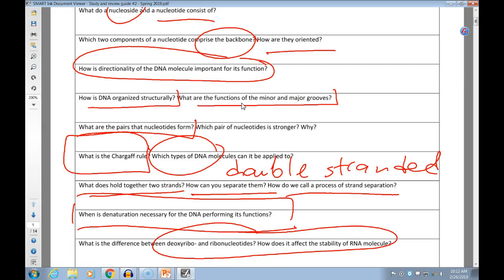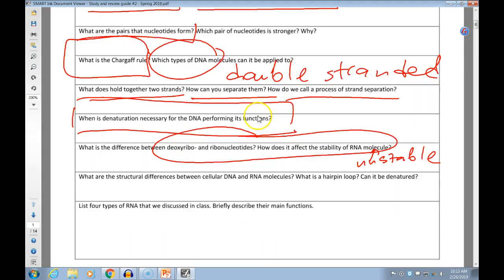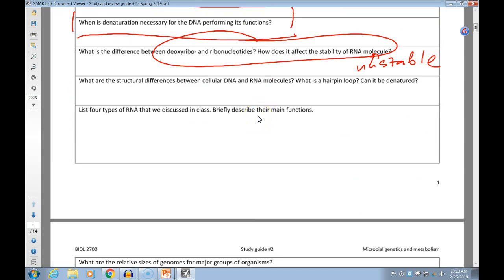And that presence of the hydroxyl group in the 2' position of the sugar makes RNA really unstable. So structural differences: RNA is single-stranded mainly, can form intramolecular hairpin loop structures, and yes, it can be denatured. You heat it up, hairpin loop structures split.